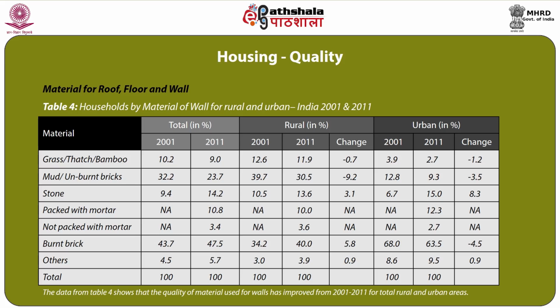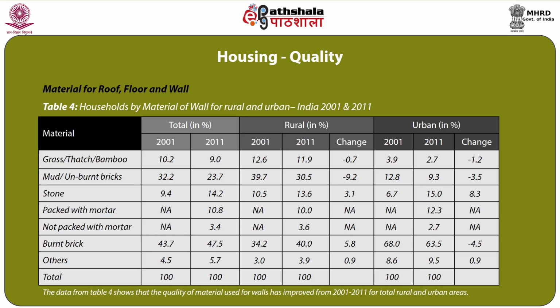When we see the data in totality between 2001 and 2011, it is observed that the houses having walls of mud and unburned bricks have reduced from 32.2% to 23.7%, whereas there is an increase in households having stone walls from 99.4% to 14.2%.